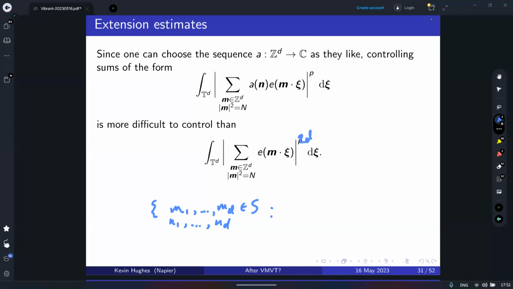It counted those 2D tuples such that M1 summed up to MD is equal to N1 summed up to ND. It counted this number, right? That's what this does.